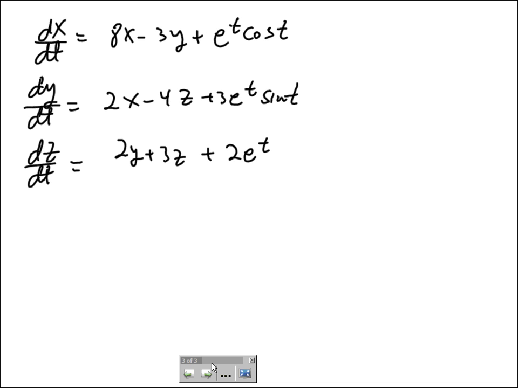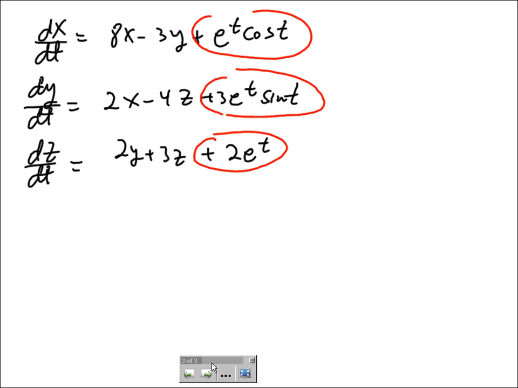What you should do is isolate the t's. And then, just like in the last problem, except here we have 3 variables, write this in matrix form.